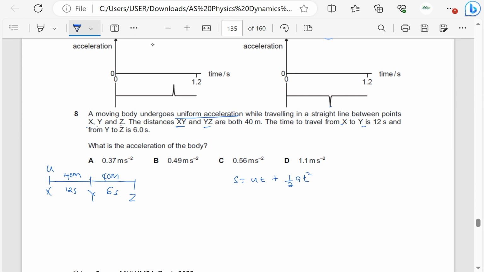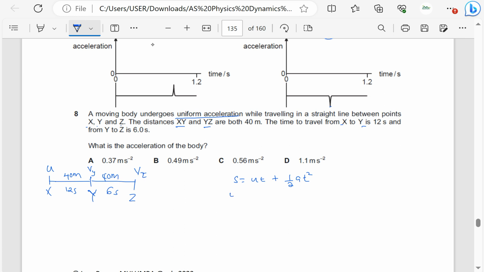If we consider it reaching y, let the velocity at y be vy, and the velocity at z be vz. So if we consider it starting from x and covering a distance of 40 meters to reach point y, then I'm using s equals ut plus a half at squared.